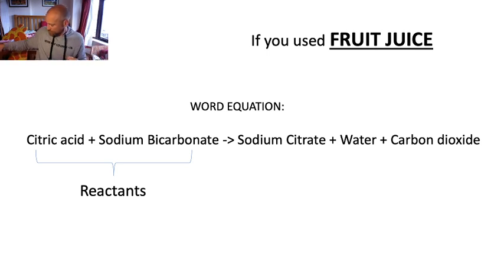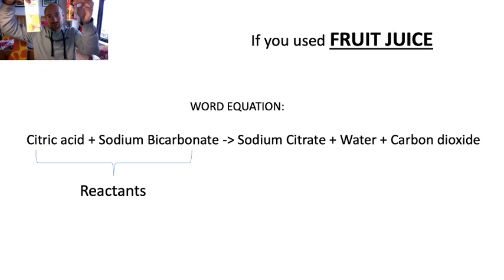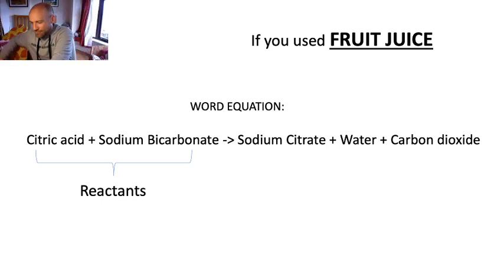So this is the citric acid, which you find in your fruit juice, and your sodium bicarbonate that you find in your baking powder or your indigestion tablet or baking soda, because it's those two things that react in your orange juice and your baking powder.